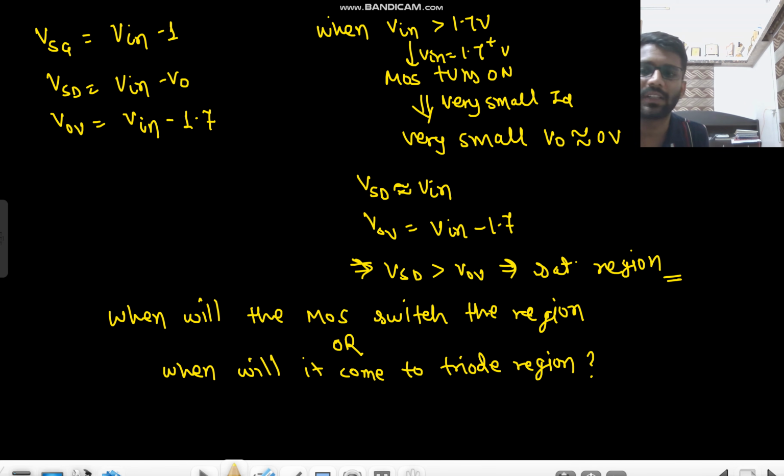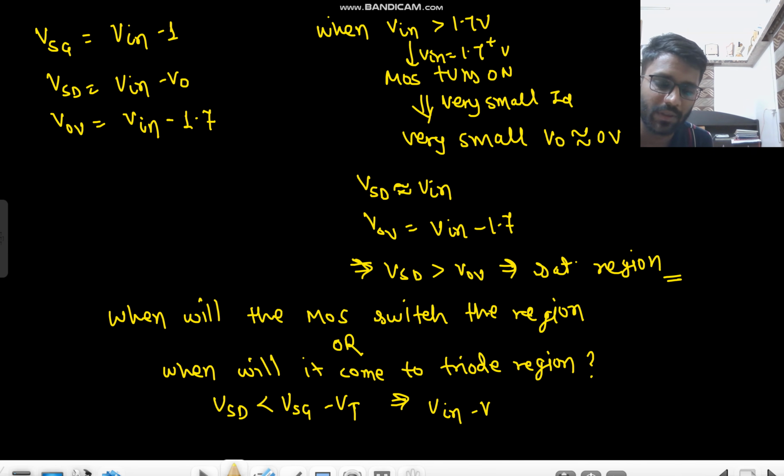Okay, so what is the condition? VSD should be less than VSG minus VT. That means, what is VSD? V in minus V naught, should be less than VSG minus mod of VTP. VSG, what is VSG? V in minus 1, minus mod of VTP, that is 0.7.